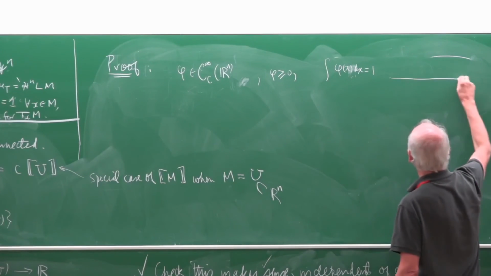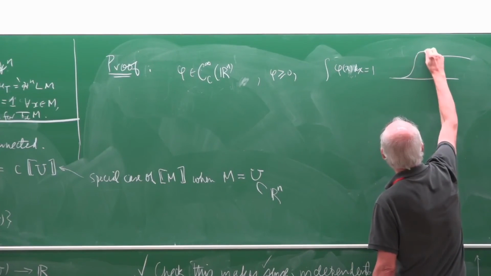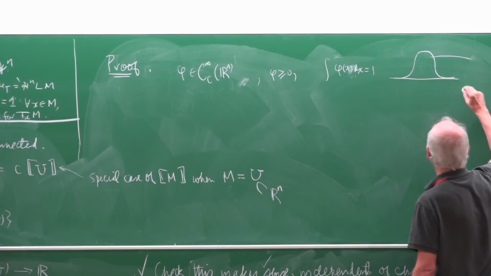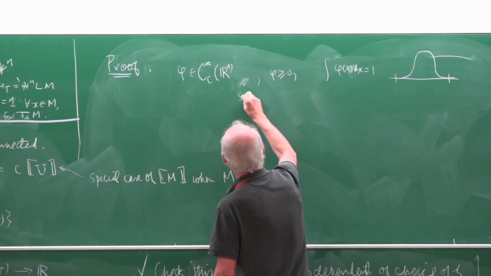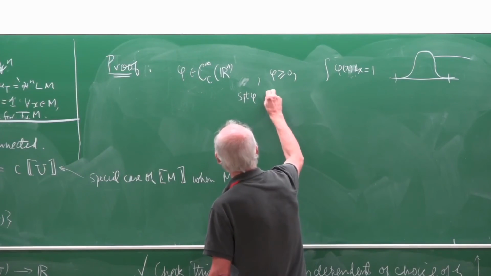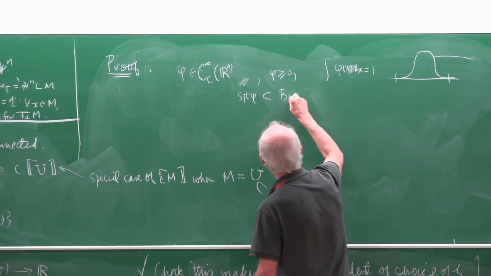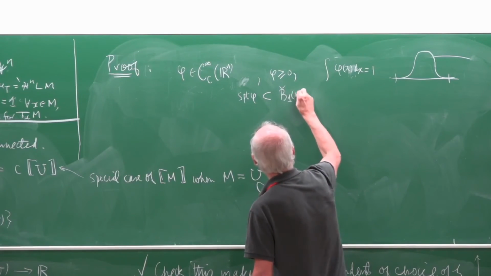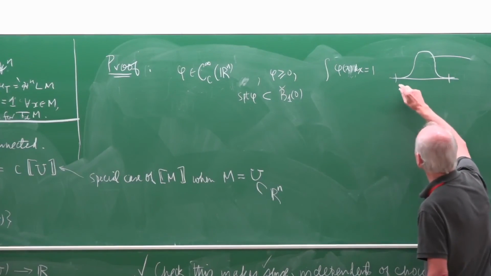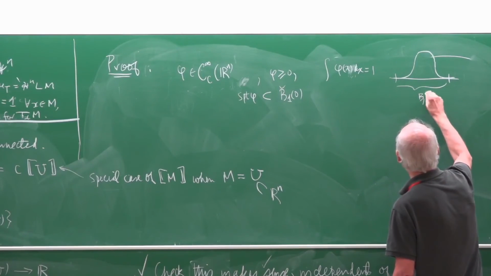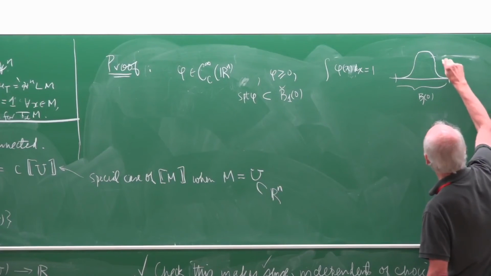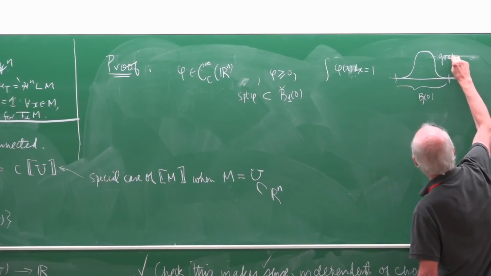So it's a function that looks like this. Let's also agree that the support of phi is contained in the open unit ball centered at the origin. This is the unit ball, and what I've sketched here is the graph of phi.